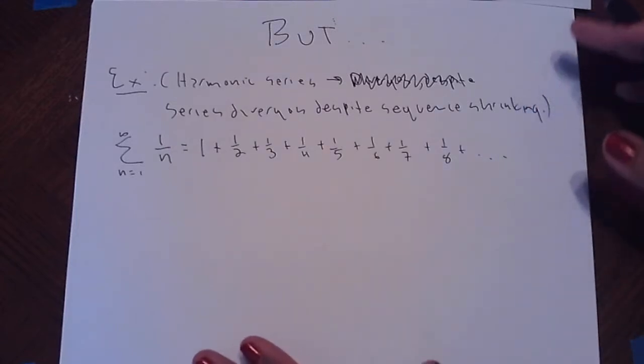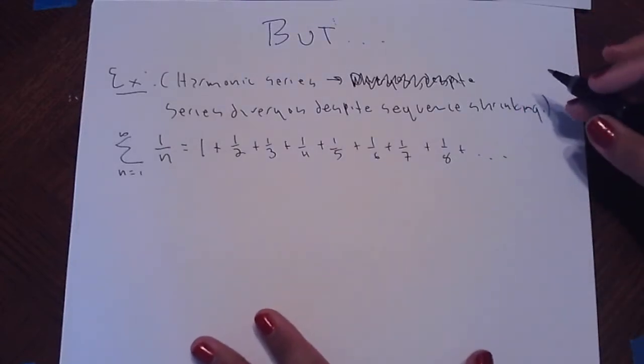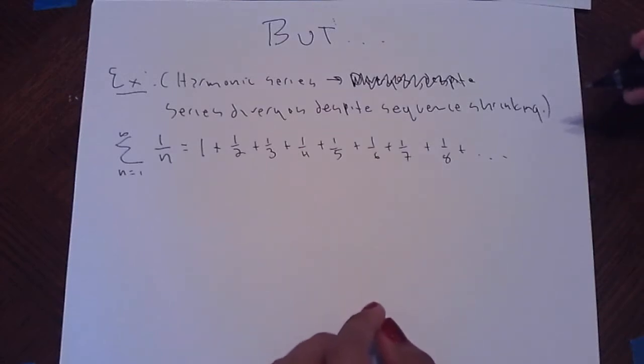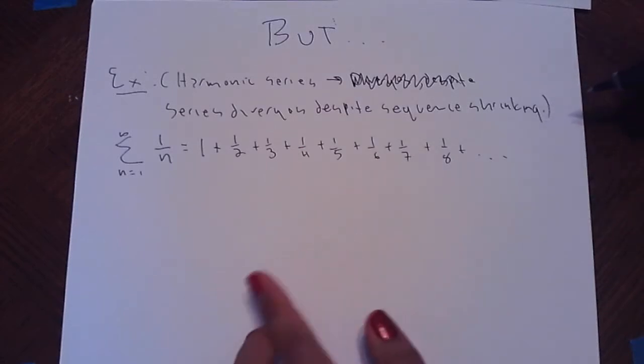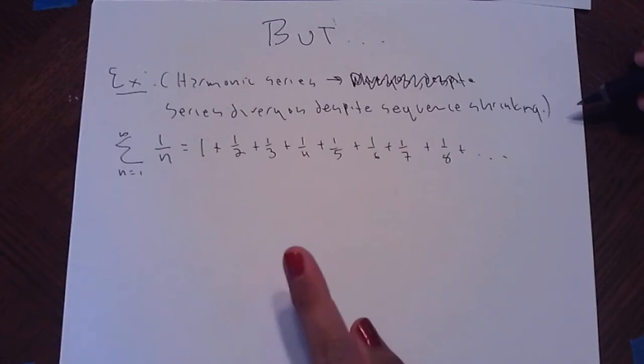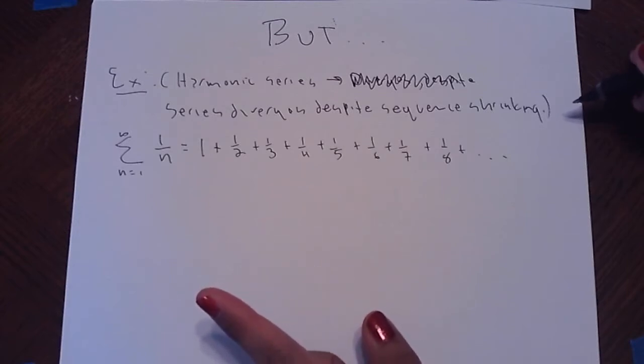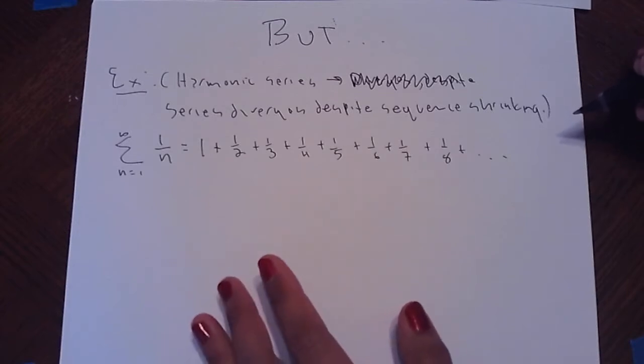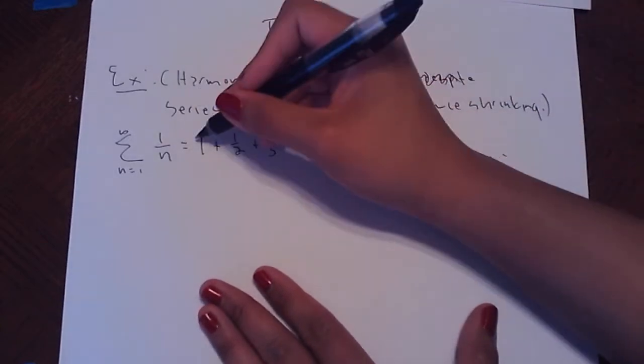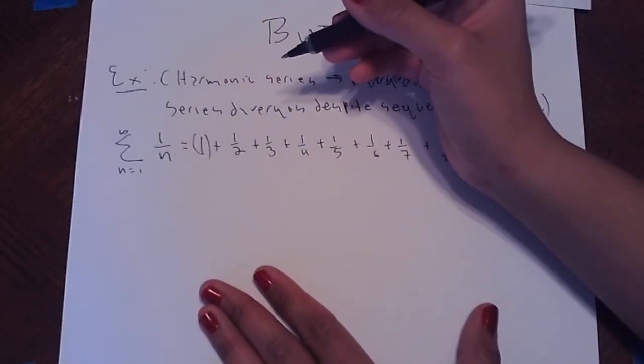And here's why. Okay? Here's kind of the idea. It's not clear whether or not this converges or diverges right now, but I am going to group this up and see if we can notice some sort of a pattern. Okay, I'm going to group it up in this manner.